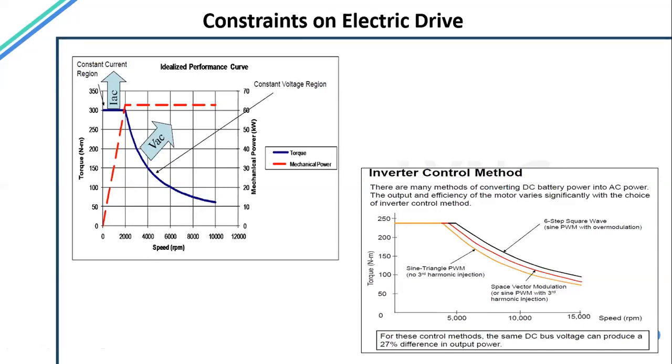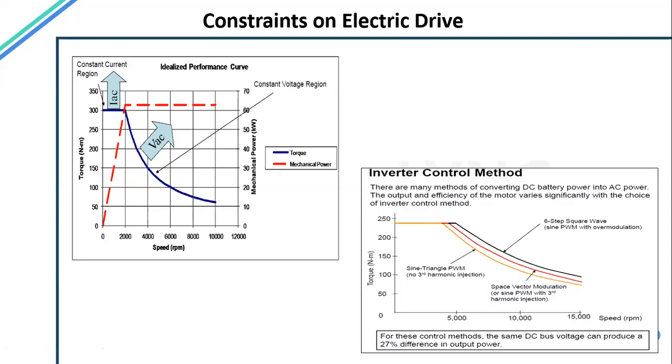The other constraint also comes from the switching strategy that we have. We may have different switching strategies that introduce harmonics or reduce harmonics, and those switching strategies impact us.